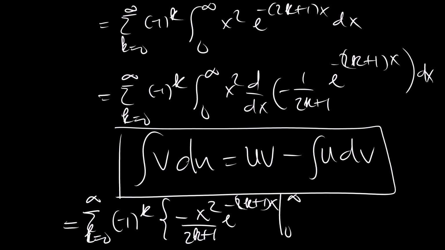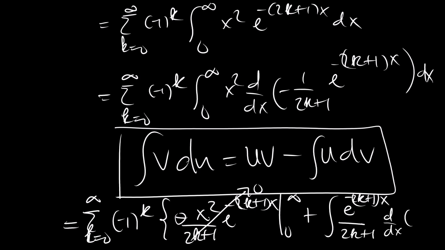When x tends to infinity, this goes to 0. When x tends to 0, this goes to 0. So this entire term goes to 0. And so we have minus minus, because we have a minus here, so this becomes a positive: the integral of e to the power negative 2k plus 1 x over 2k plus 1 times the derivative of x squared, from 0 to infinity.